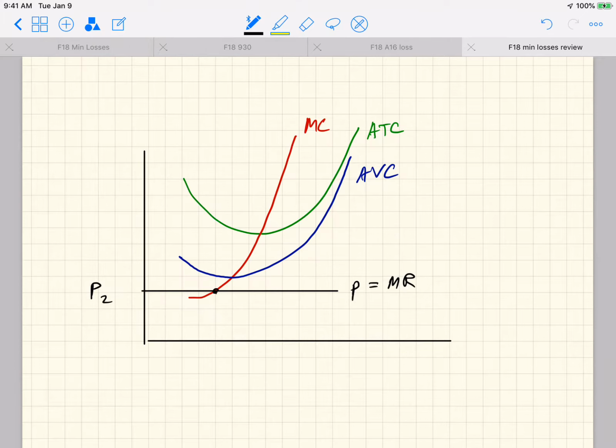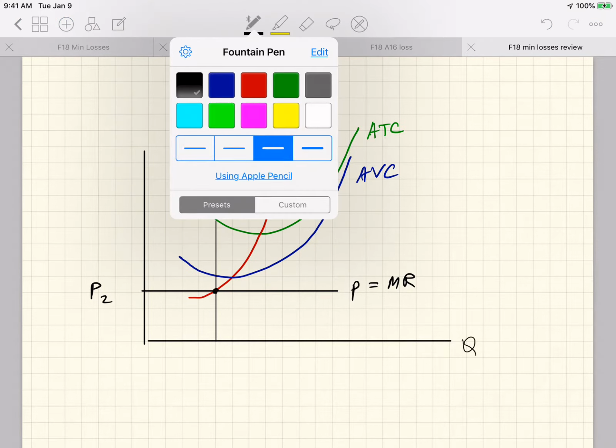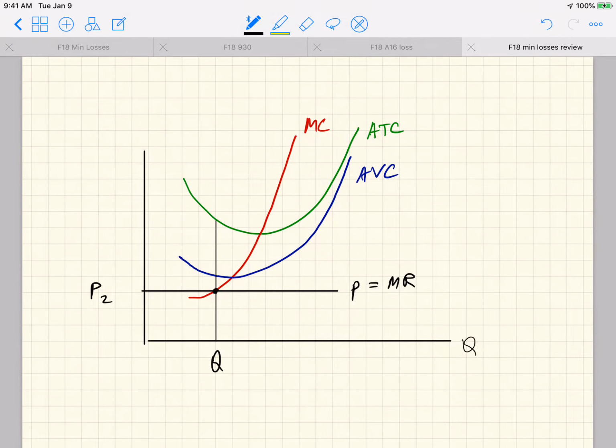So from there we can go up and down, or basically just draw a vertical line through this point, going from ATC down to the horizontal axis. So again, that's the point where MR meets MC. But as we're going to see, it's not the point where we're minimizing our losses.